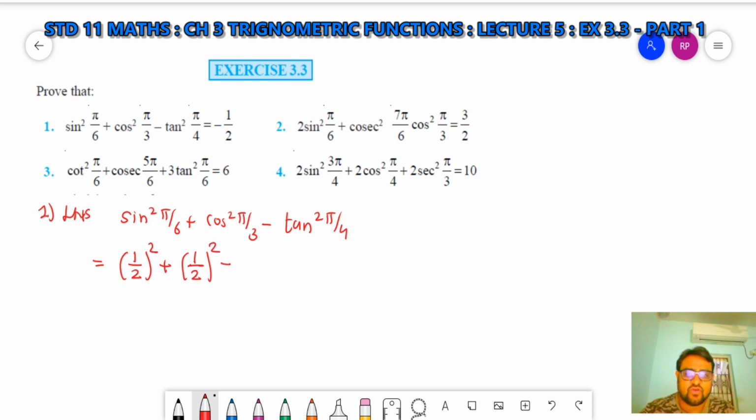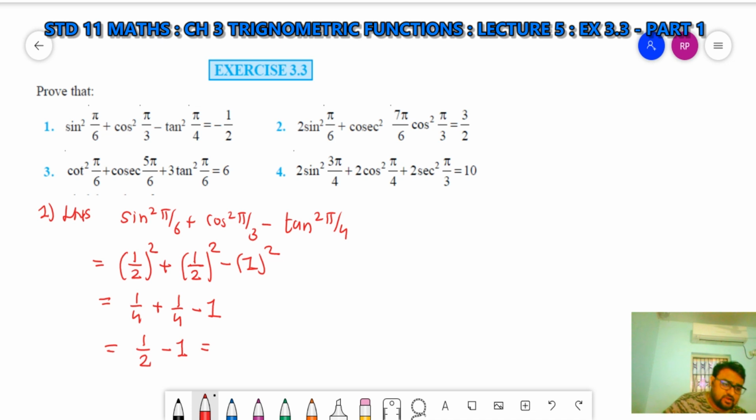Tan pi by 4 is tan 45, the value of tan pi by 4 is 1, so this is 1 square. Okay, so 1 by 2 square is 1 by 4, 1 by 2 square is 1 by 4, 1 square is 1. Okay, 1 by 4 plus 1 by 4 is 1 by 2, minus 1. If you subtract 1 from half, it will be minus half, right? So this will be equal to minus 1 upon 2, and that is equal to RHS.